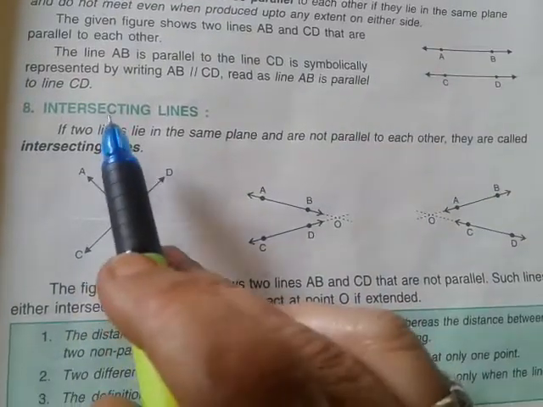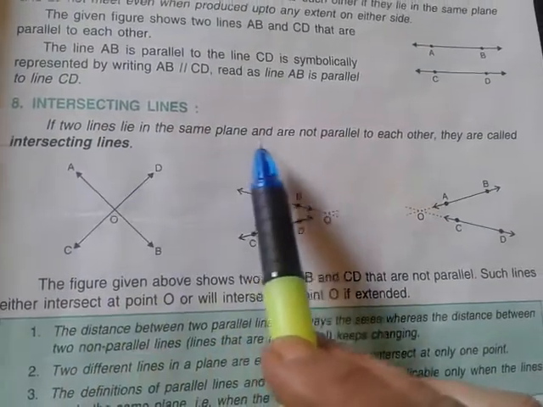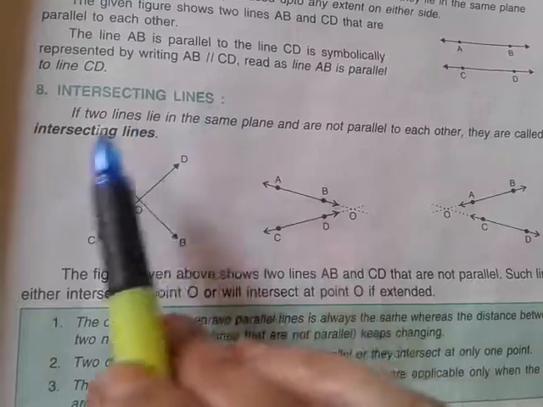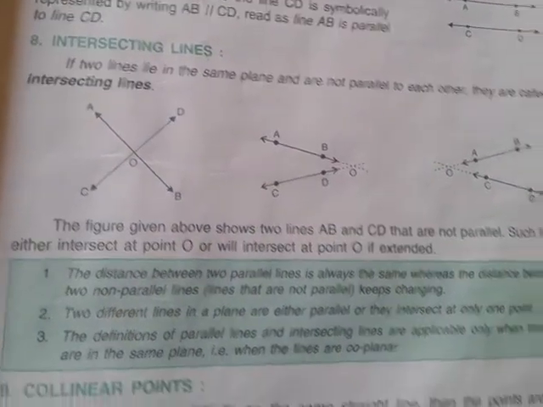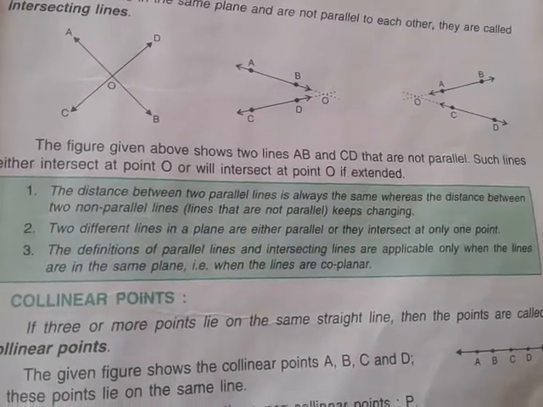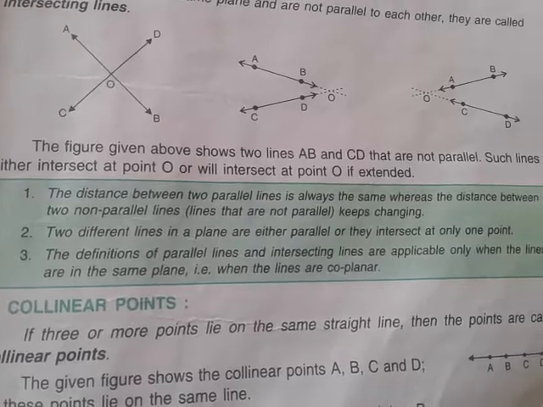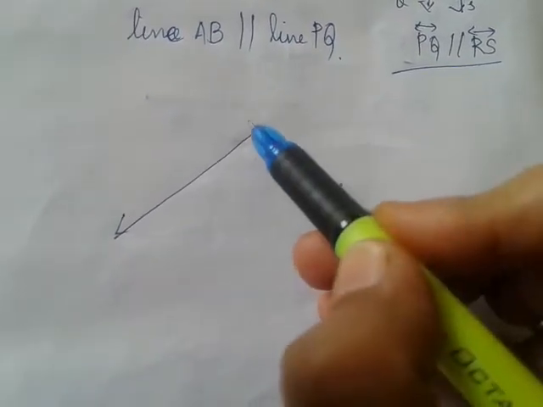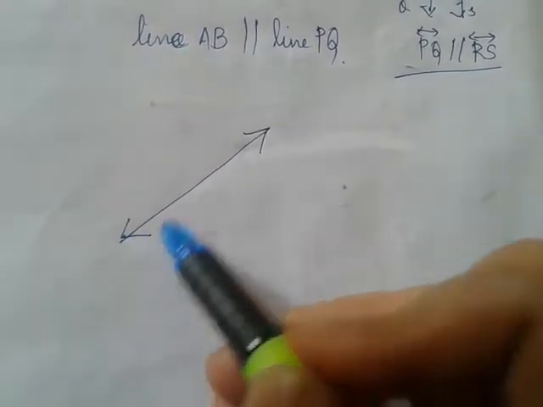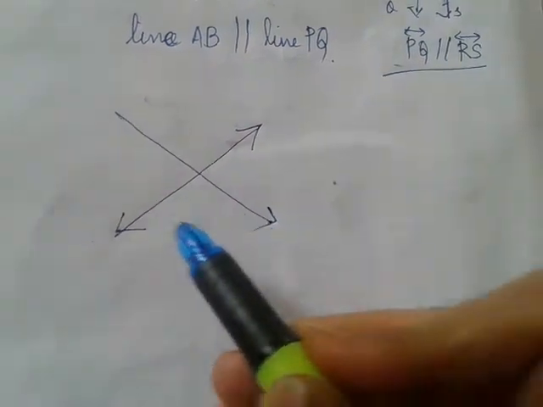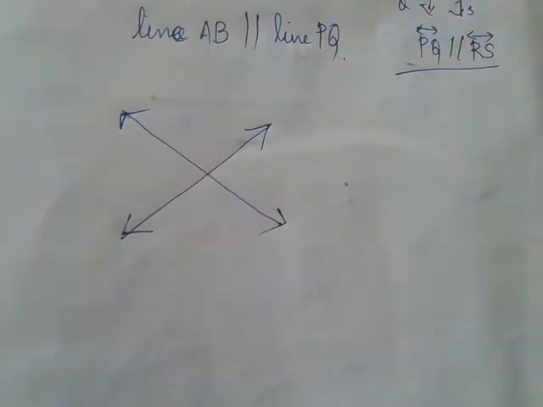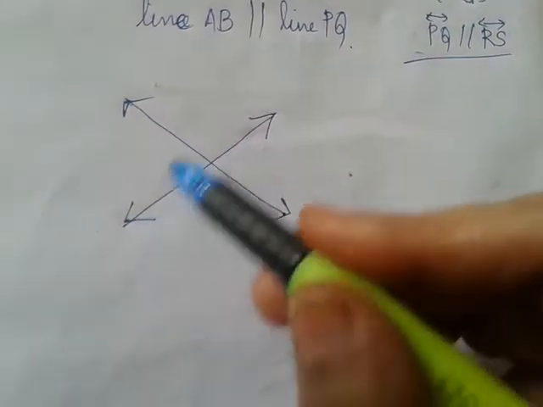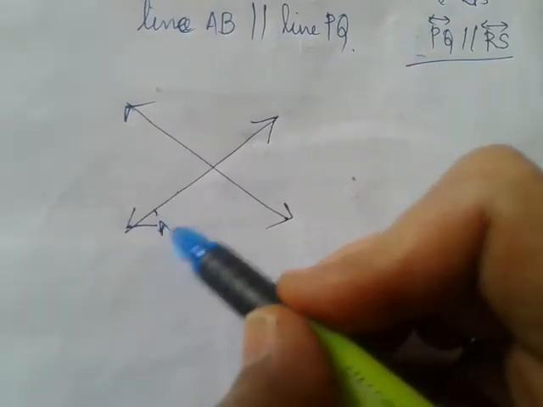Okay, next is intersecting lines. If two lines lie in the same plane and are not parallel to each other, they are called intersecting lines. So same rule, they should be in the same plane. Intersecting lines means they are intersecting, they are meeting.